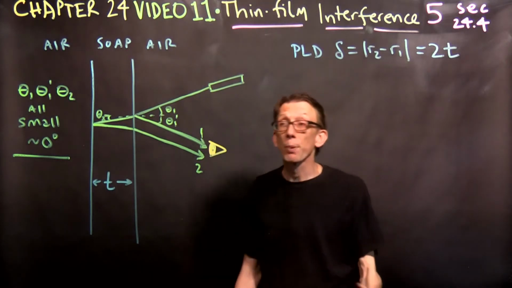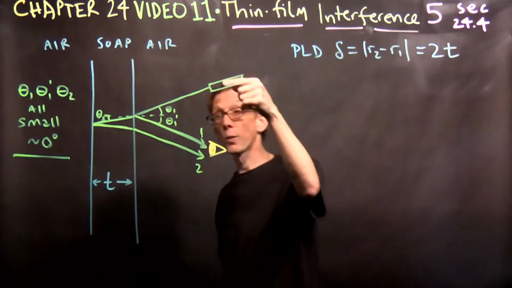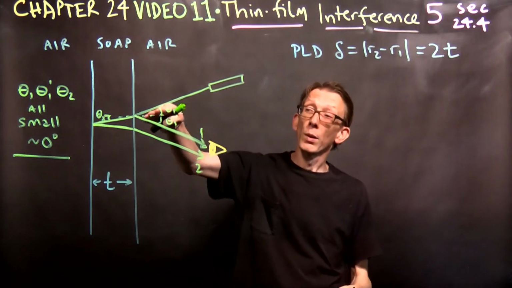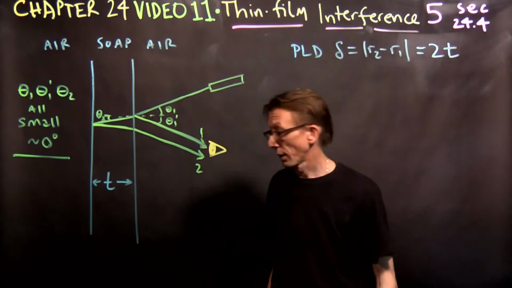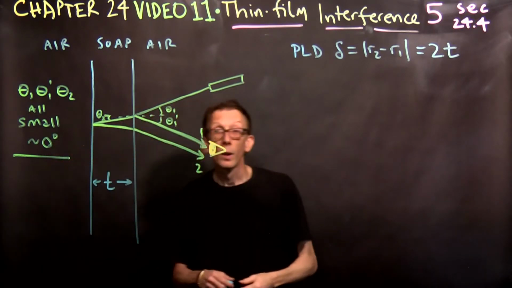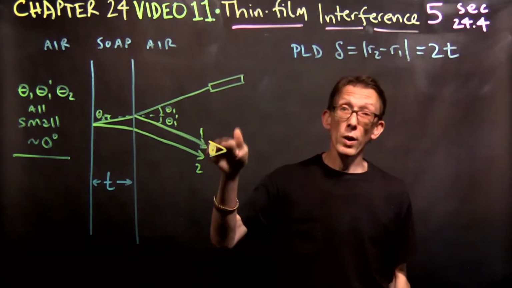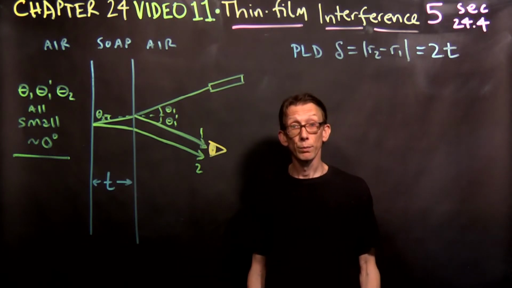Notice they're coherent because they came from the same original ray. The incident ray, 1 and 2 both have their origin in the same ray, and that ray is coherent. All the waves are stepping together. So these two waves combine on our retina in the same way that rays 1 and 2 combined on the screen in Young's double slit experiment.